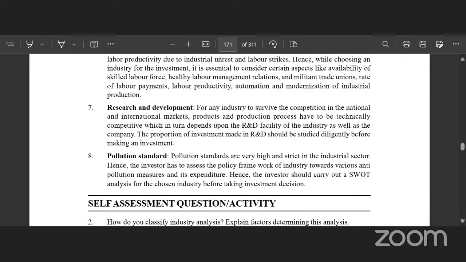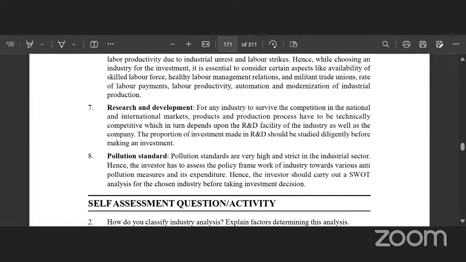Research and development activities happening in that particular industry. If you take FMCG, pharmaceutical, or the automobile industry, all these industries generally focus more on research and development because of the competition and the constant changes they need to bring into their products. Otherwise, they'll be forced to leave the industry when competitors take over their positions.